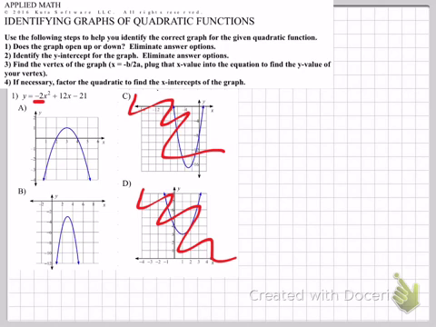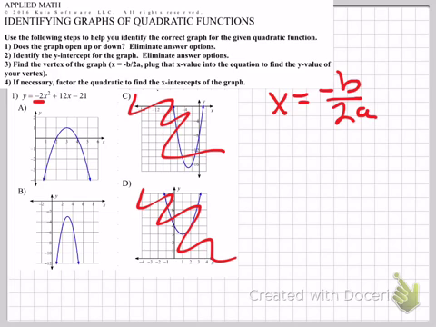Step 3 asks us to find the vertex of the graph. Now, one of the ways, and the way we're going to use, is to first find the x value using the equation x equals negative b over 2a.